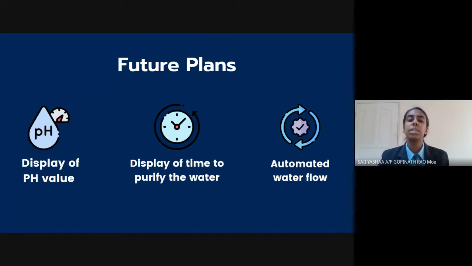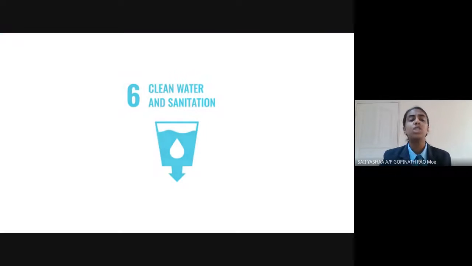This device with multiple filtration is able to filter, clean, and purify water, which allows users to consume water safely. Our proposed solution comes in line with UN SDG 6, clean water and sanitation, which leads to a more sustainable water supply in rural areas.